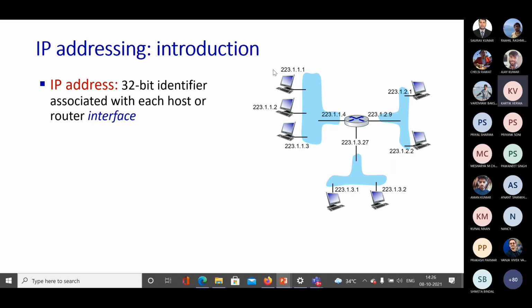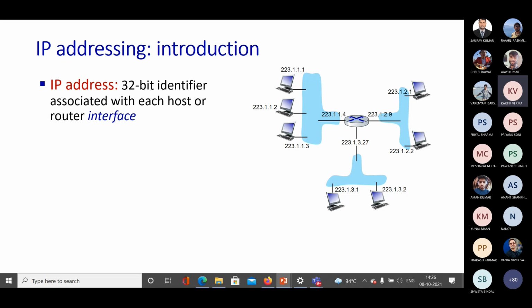What we are going to study in this chapter is what they signify, where they come from, and if I have a device, how do I get this IP address, and what does it actually mean?